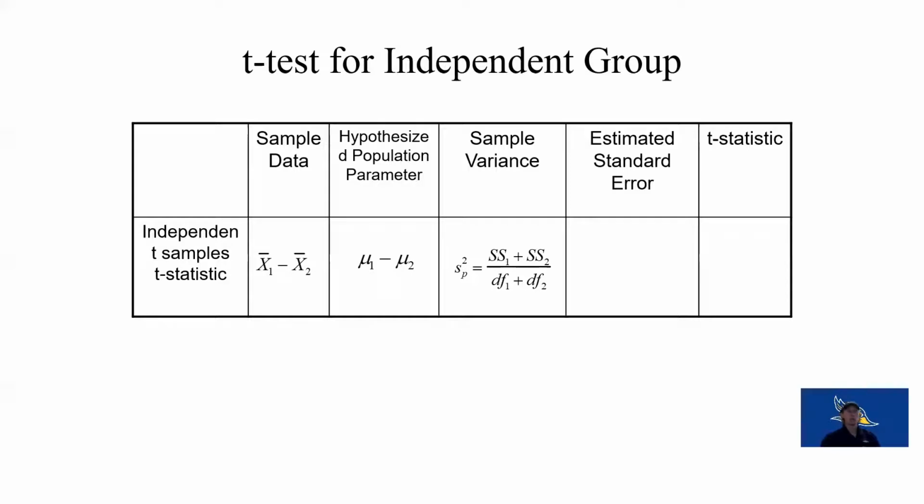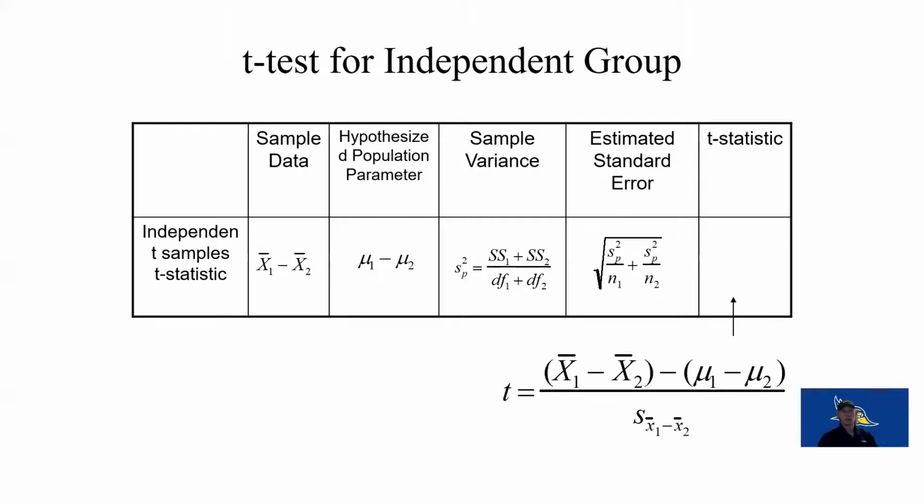Okay, then we need to pull in the variance, the sample variance. So this is the variance of both groups combined. This is where some of the math gets a little bit trickier. And then we have to get the estimated standard error, or the standard error of the difference. So this tells us, based on the variance, how much error we are estimating is within this test.